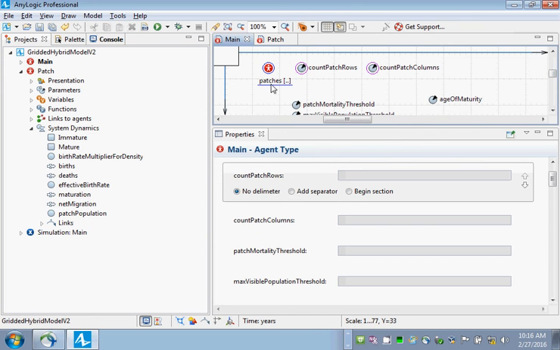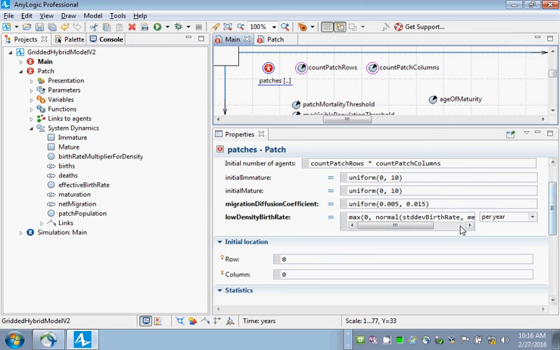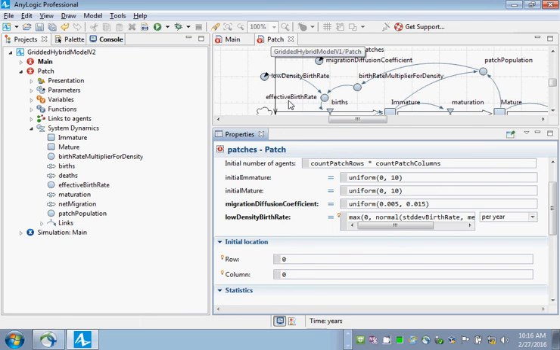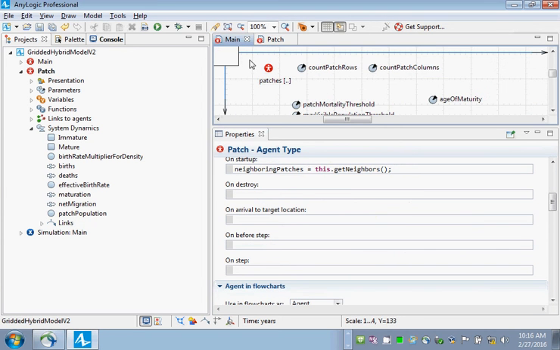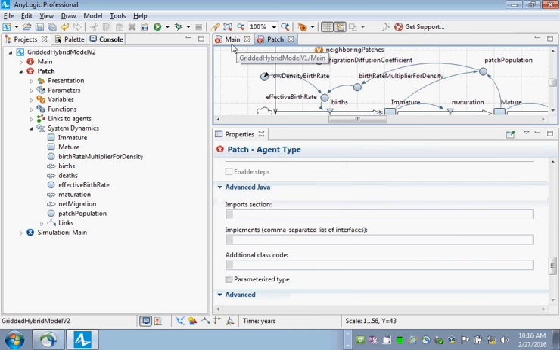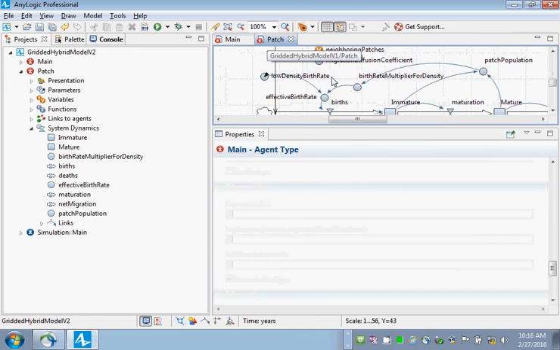Let me move this guy over a bit so we have space for this one, and let's make sure that the patches all refer to the appropriate names here. They're going to be unhappy, so we need to change it to low density birth rate here, and we probably could have done the refactoring, control enter there, to rename this.